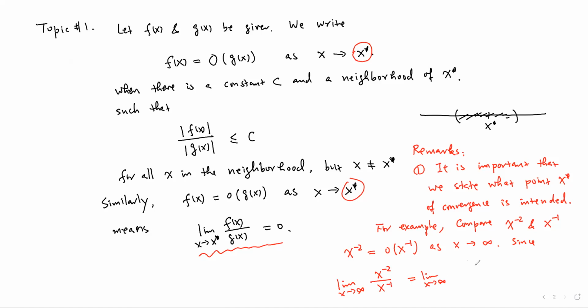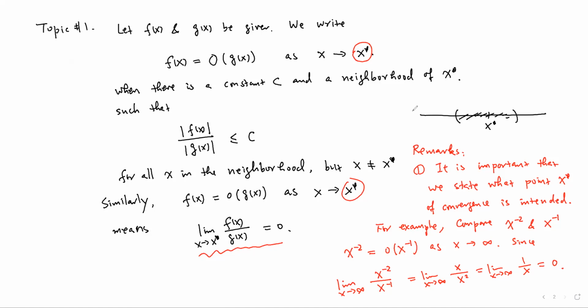Let me rewrite this function: x to the -2 over x to the -1 is 1 over x. Now x approaches infinity, then of course this is 0. So as x approaches infinity, x to the -2 is little o of x to the -1.